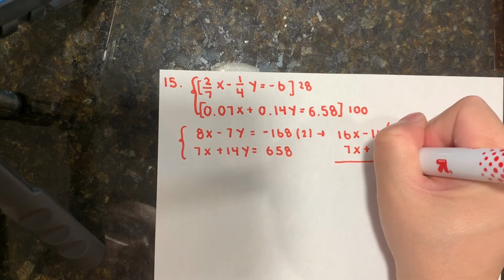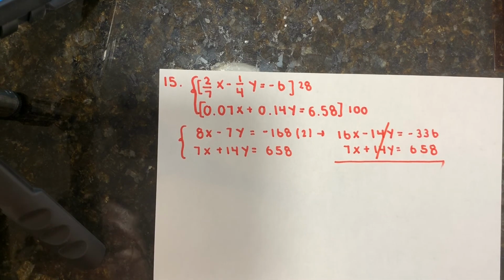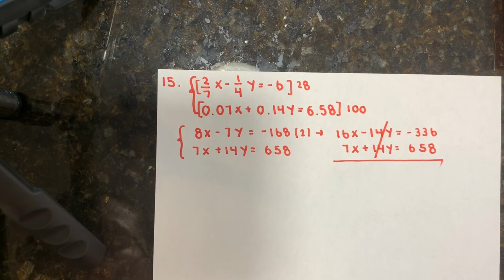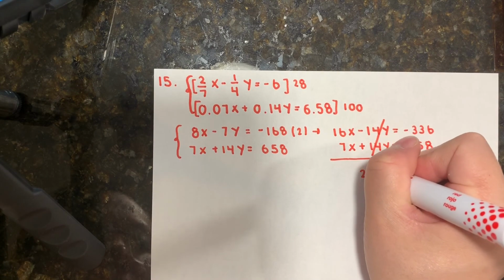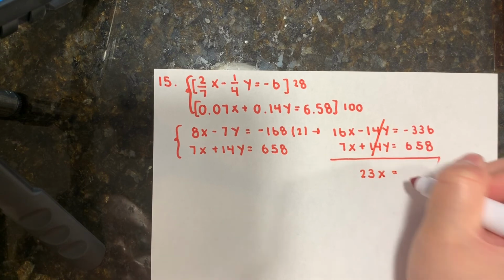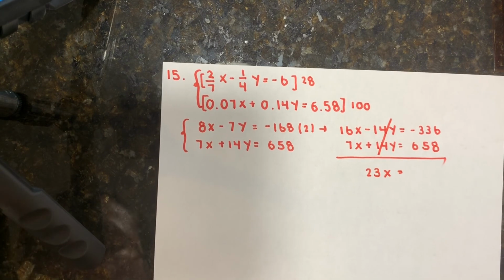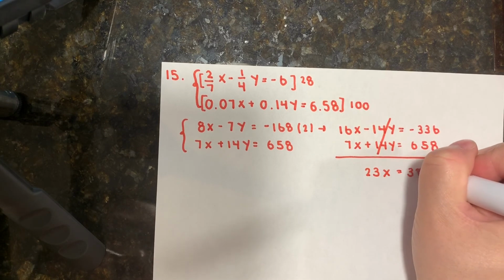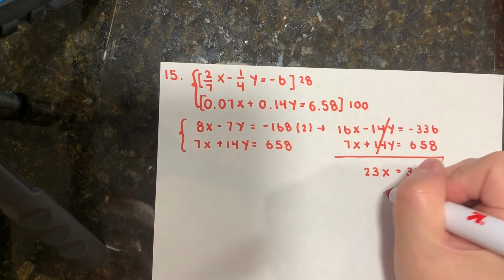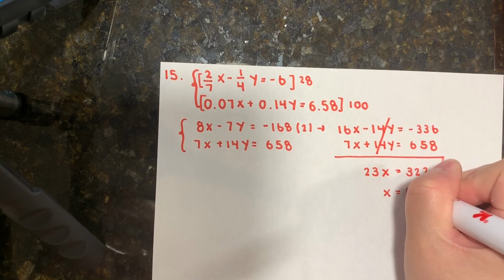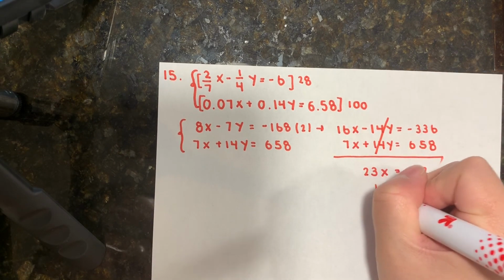Now our y's are going to cancel, and I have 16 plus 7, which gives me 23x is equal to 658 minus 336, which is 322. And now hopefully that divides evenly, and it does. So x is going to be equal to 14.